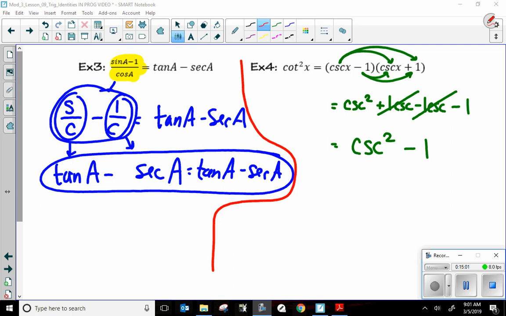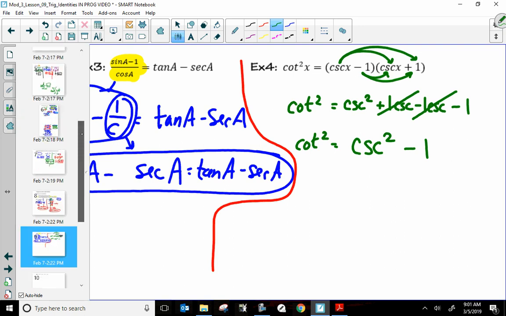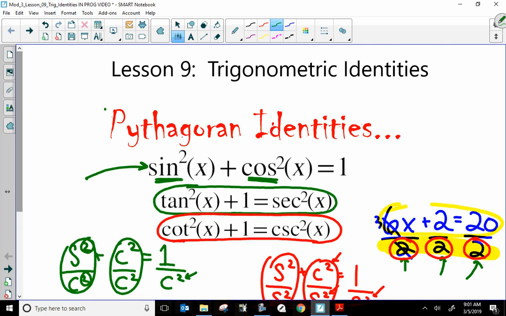And you might notice, in case you didn't know, this is still equal to cotangent squared. You might be like, oh, the cotangent, cosecant, the 1, oh my goodness gracious. That was here, wasn't it? Isn't it this? This is cotangent squared plus 1 equals cosecant squared.